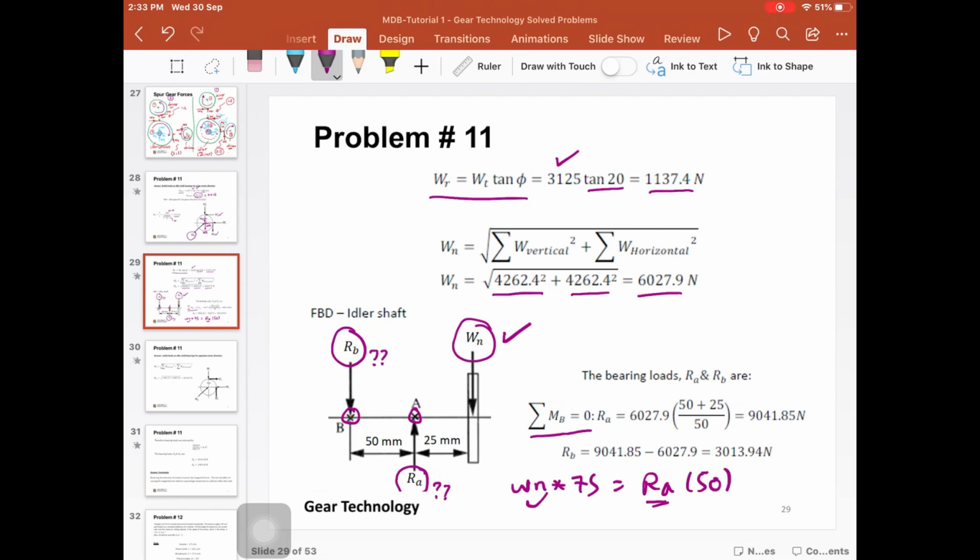Then we say here Wn plus Rb is equal to Ra. This is when we consider that the forces in the y direction are equal to 0. So in this case we can calculate Rb as well. So based on the normal force on the gears, we can calculate both the reactions, right? In this case, for case number 1.